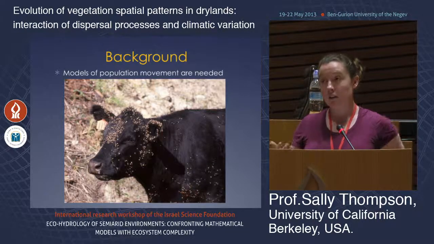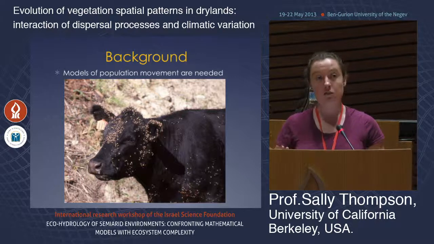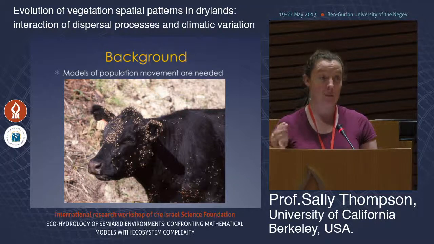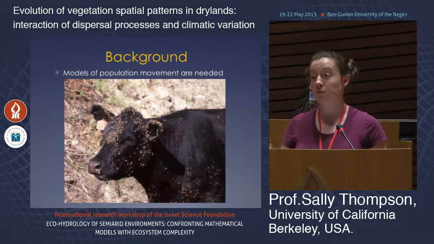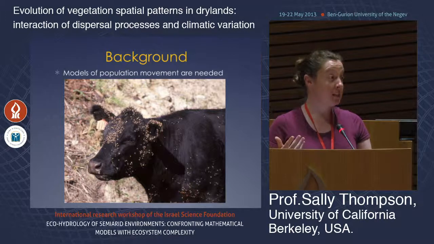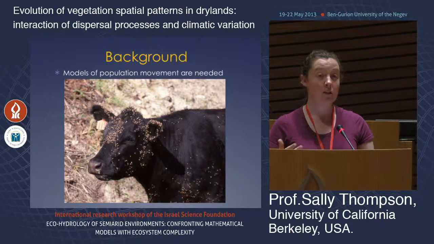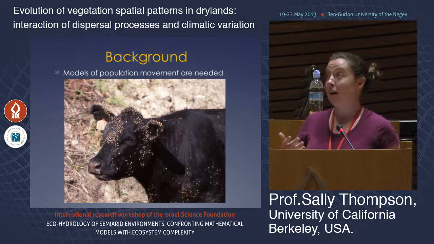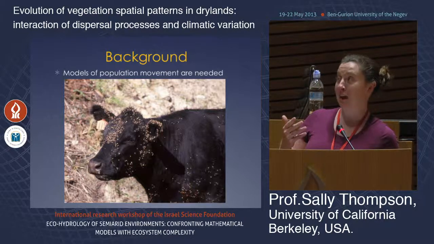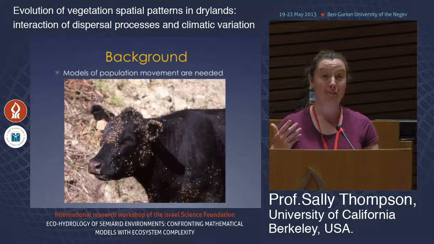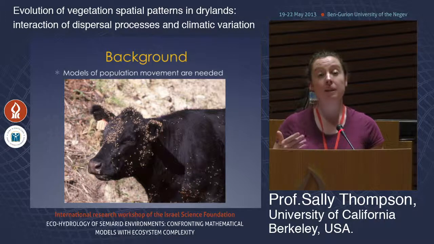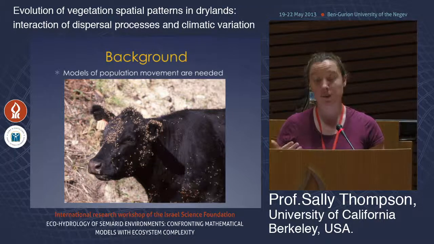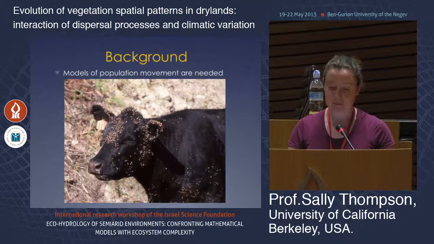So I would argue that if we are going to understand spatial structure from a dynamical point of view, as opposed to simply resolving a steady state condition, then it's critical that the models that we use to do that have a realistic, or at least reasonable, representation of the dynamics of movement of the population that we are interested in. And despite the photograph of the cow, this is not a cow being mobbed by flies, but rather a cow covered in seeds. While we are thinking about vegetation populations, then the form of movement that we need to focus upon is seed dispersal itself.